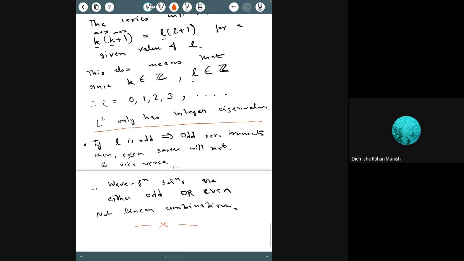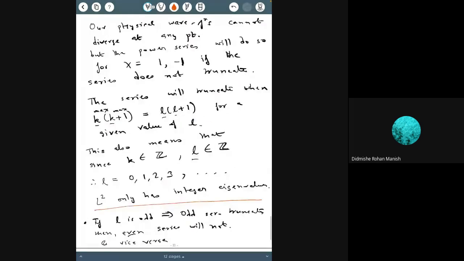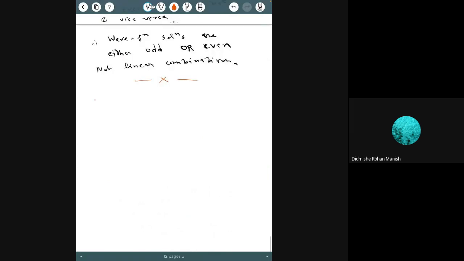Our recursion relation is this one: a_{k+2} by a_k is equal to minus of L into (L plus 1) minus k into (k plus 1), by (k plus 1) into (k plus 2).